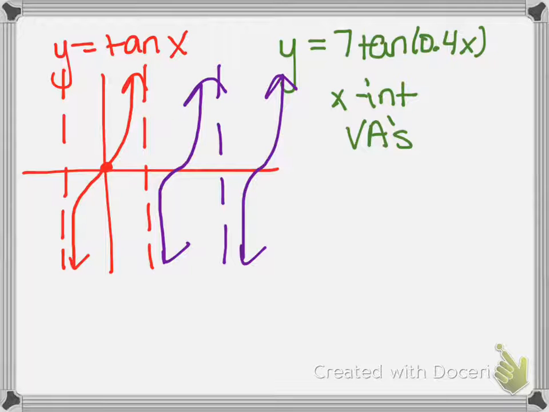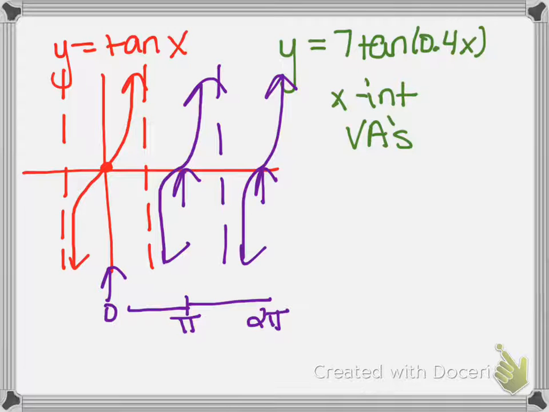And tangent repeats itself every pi. So what that means is your first x-intercept is here at 0. Pi units later, right here, at pi, you have another x-intercept. Pi units after that, so right there at 2 pi, you have another x-intercept.